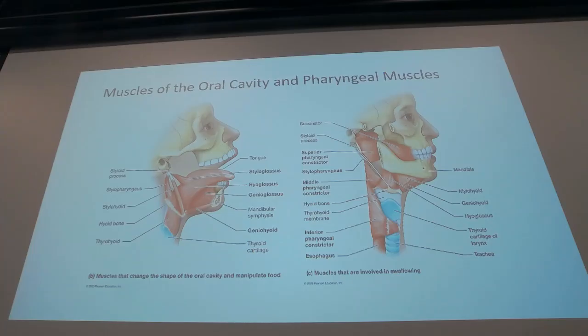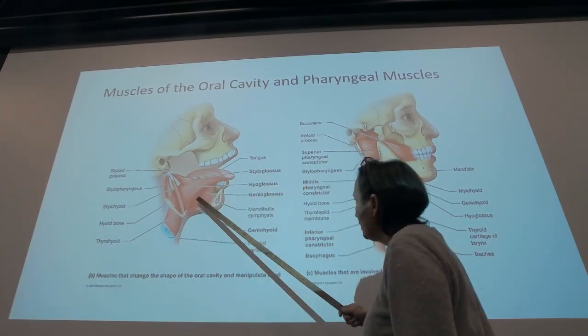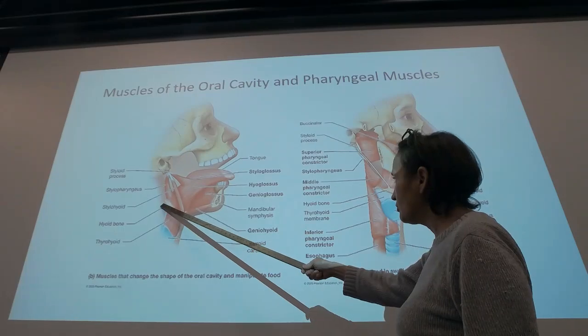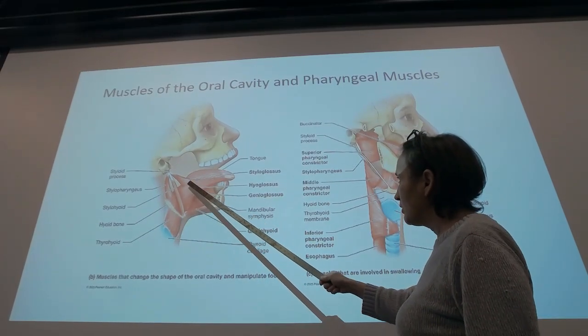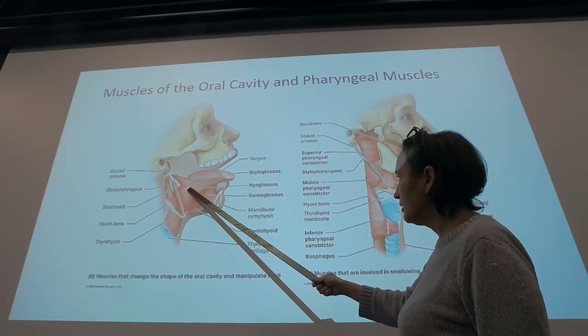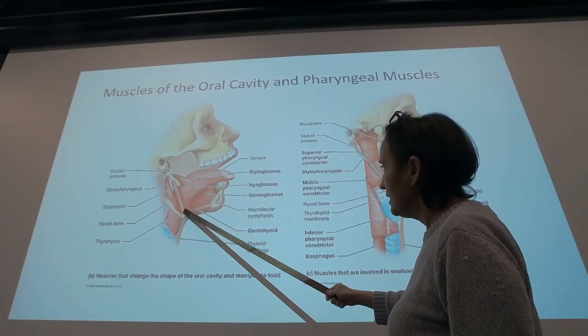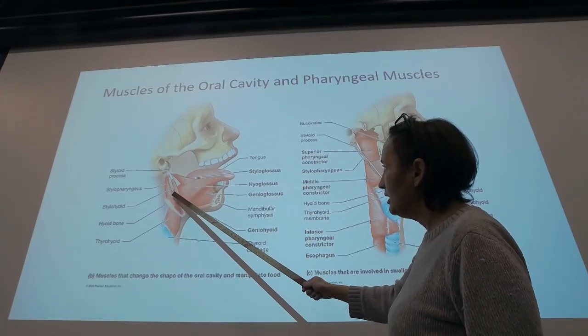So here is the location of all of these muscles then. Here we have the hyoglossus, which runs between the hyoid bone and the tongue. This one will be the styloglossus because it runs from the styloid process to the tongue. This is the stylohyoid muscle here.